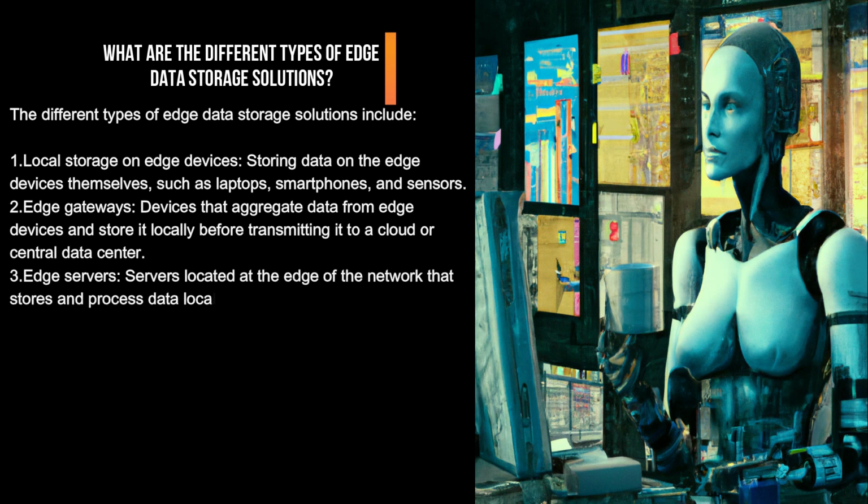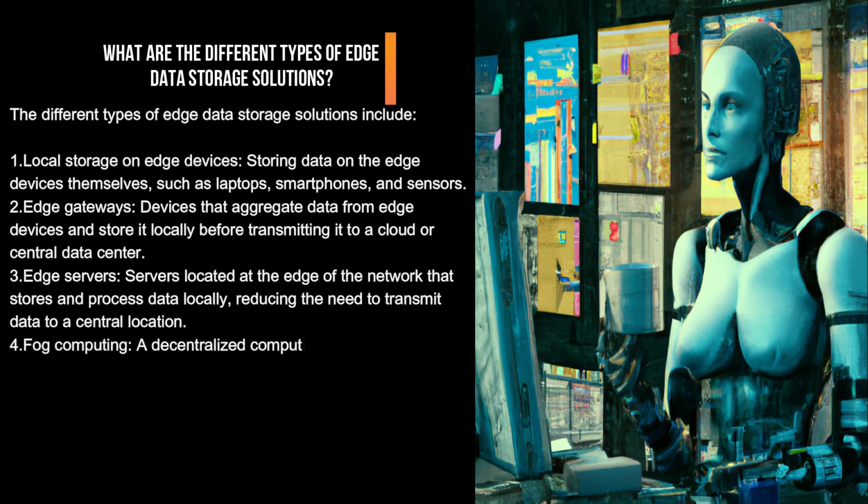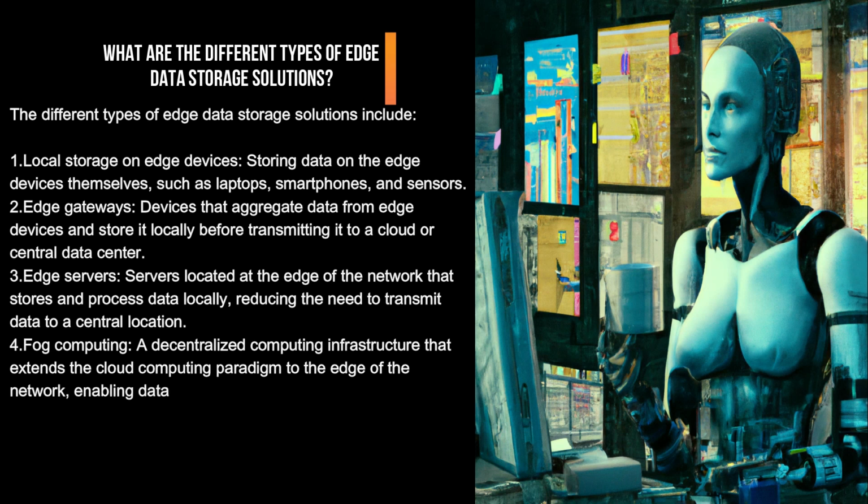Edge servers, servers located at the edge of the network that store and process data locally, reducing the need to transmit data to a central location. 4. Fog computing, a decentralized computing infrastructure that extends the cloud computing paradigm to the edge of the network, enabling data processing and storage closer to the source of data generation.